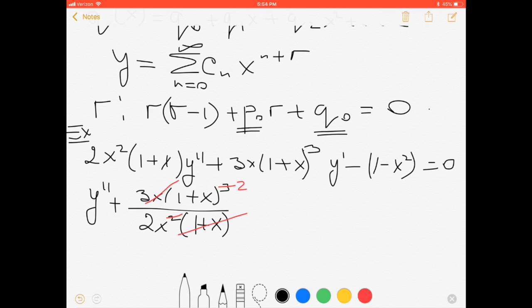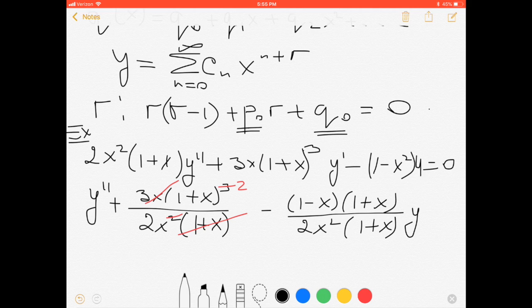Minus (1 minus x squared), I rewrite as (1 minus x)(1 plus x), and then divide by 2x squared (1 plus x). Here is y, equals 0.